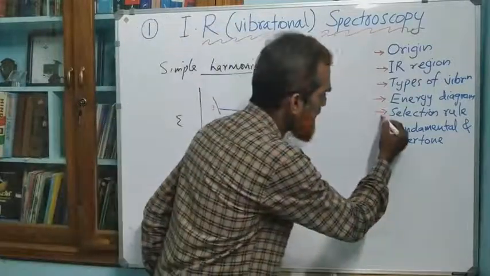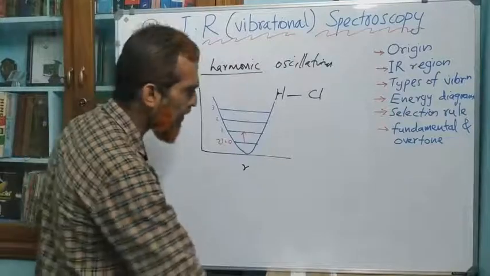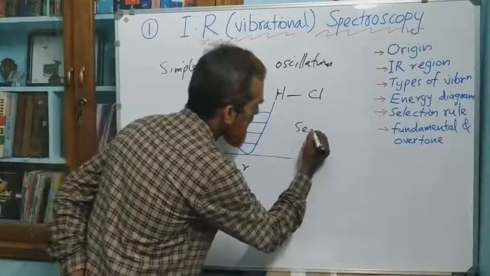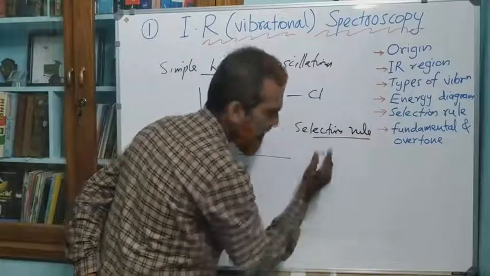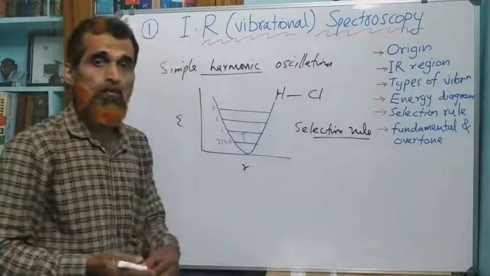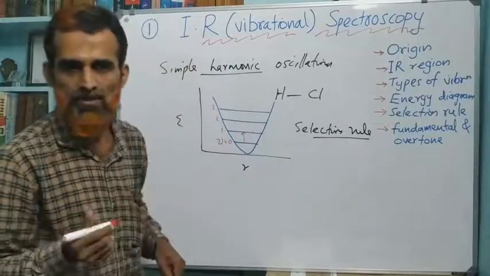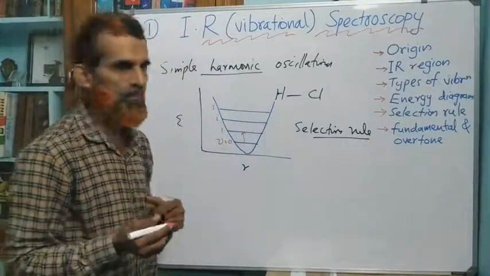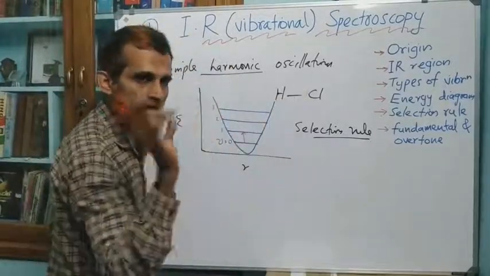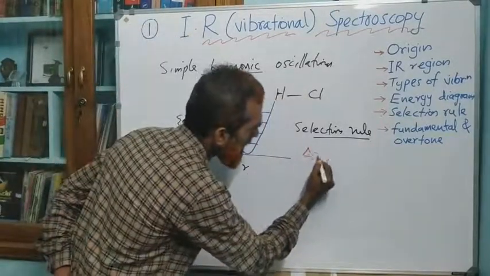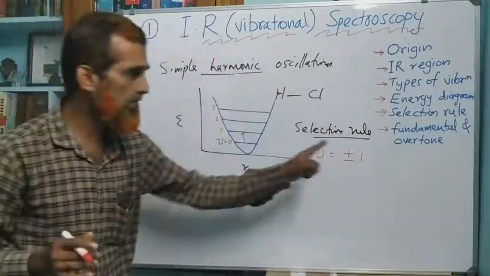So next is about the selection rule. What is the selection rule in the case of IR spectroscopy? What does the selection rule say? It says what change in quantum number is allowed during a transition, which restricts the number of transitions. For simple harmonic oscillation, the selection rule is delta nu equals plus or minus 1. What does it mean?